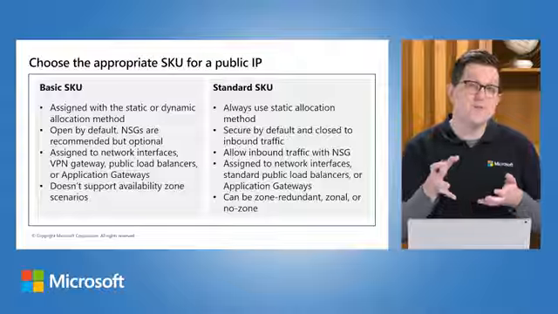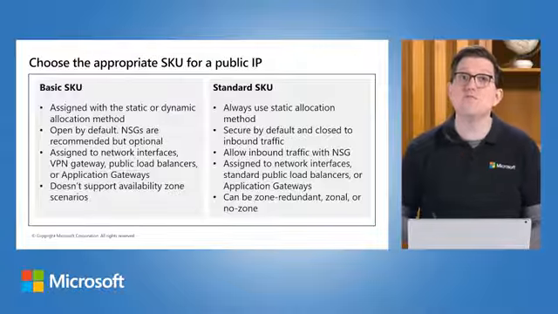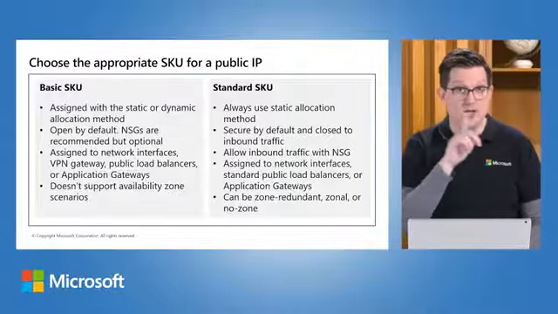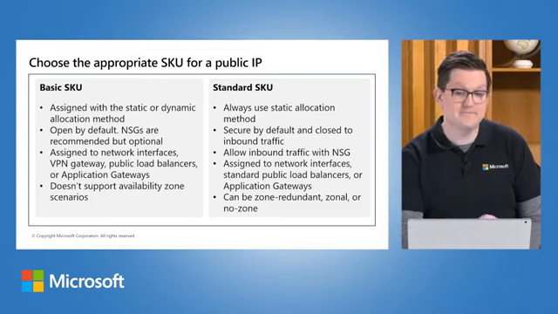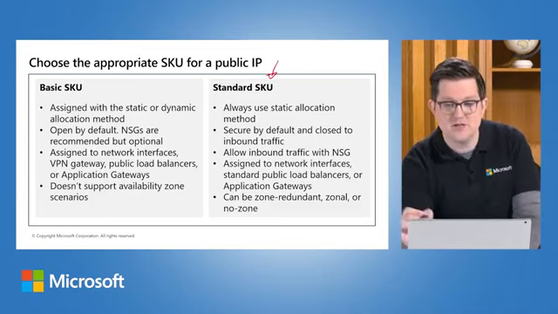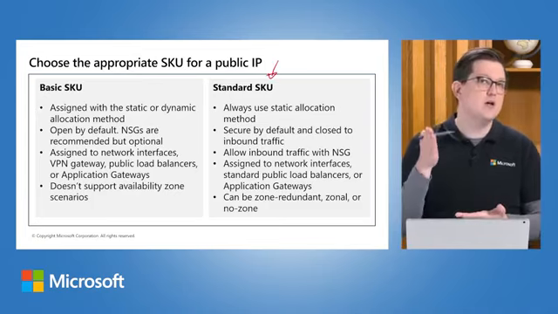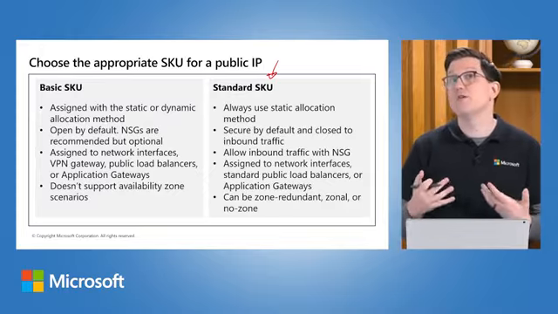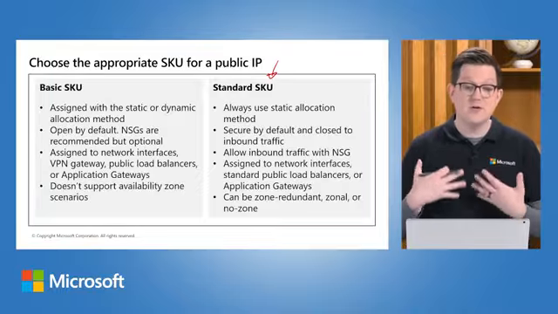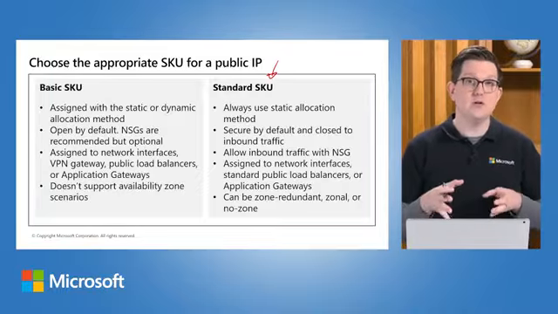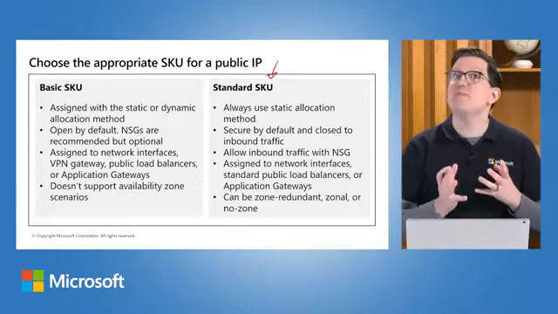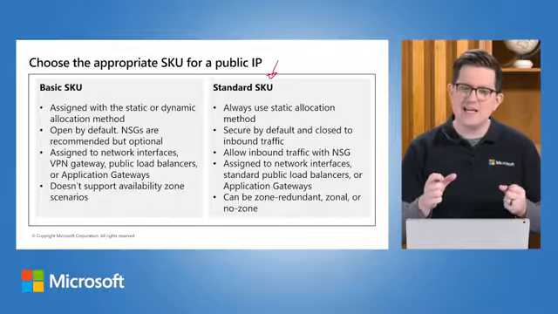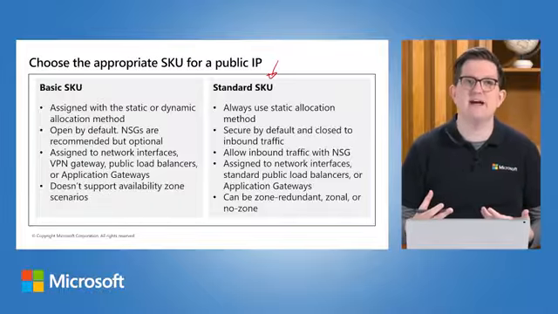Now, in terms of your public IPs, two major SKUs that you can pick from, and one that I'm going to recommend. The standard SKU is what you will use 100% of the time. The basic SKU is on the deprecation pathway, so it is something that we really only utilize in sandpit style environments, where we're getting a grip of something and want to test stuff out.